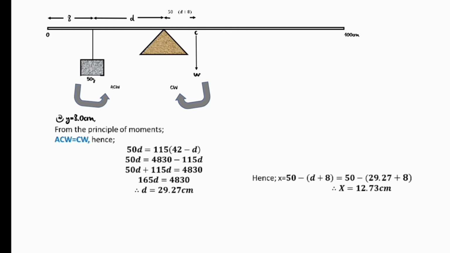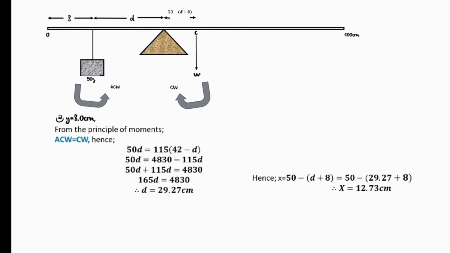So we don't need to go ahead and do everything starting from the beginning. No, if we notice the trend of the practical, then we just have to substitute. So at y equal to 10 centimeter, the value we are going to get will be 50d is equal to 115 open bracket 40 minus d. As simple as that.